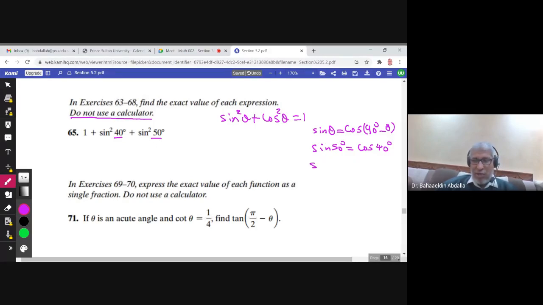So I can replace sine square 50 by cosine square 40. So this would be 1 plus sine square 40 plus cosine square 40. And now sine square plus cosine square is just 1. So the answer would be 1 plus 1, which is 2. And you can use your calculator to check that really the answer is 2.